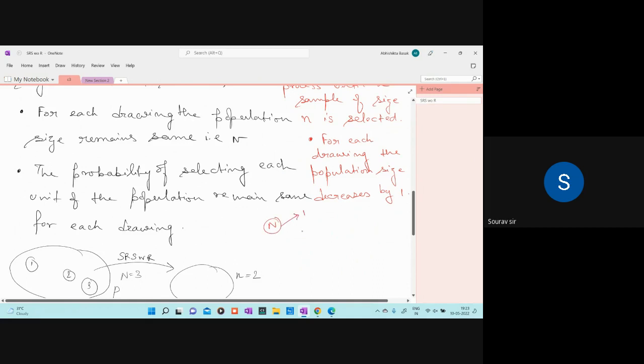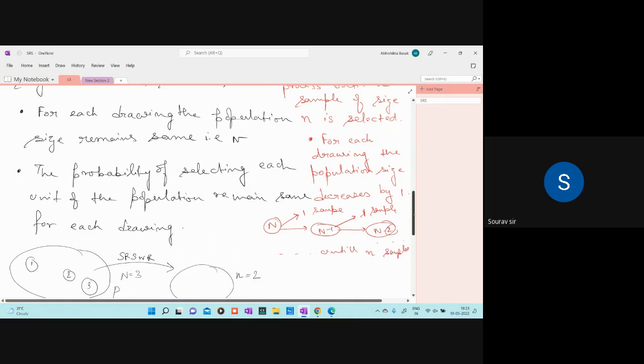From here we have selected 1 unit as sample. Next the remaining units are N minus 1. From here again we have 1 unit as sample, and again we are remaining with N minus 2 units, and so on. We continue the process until we get n samples.